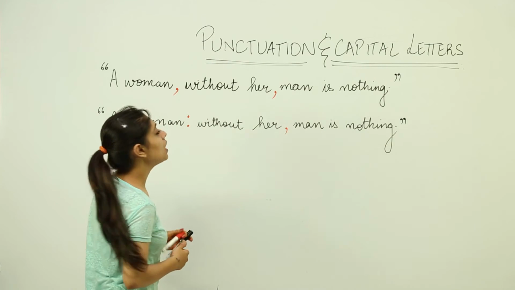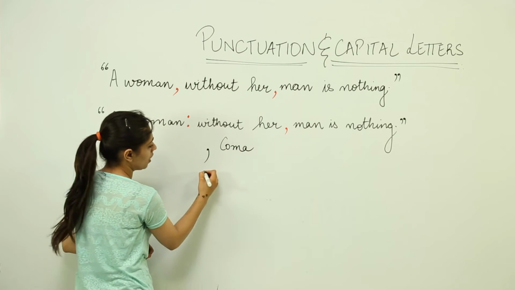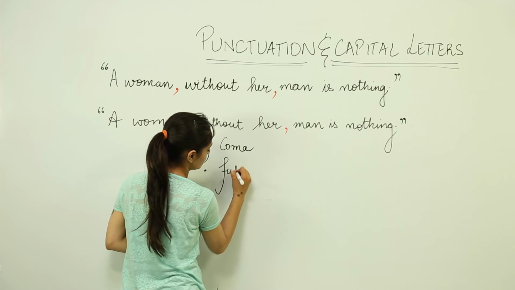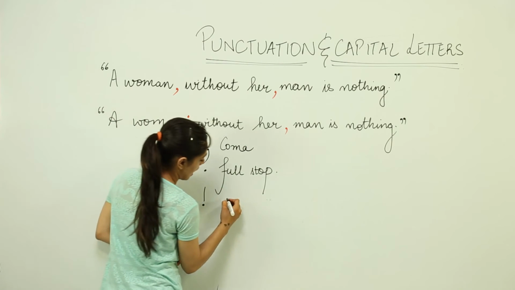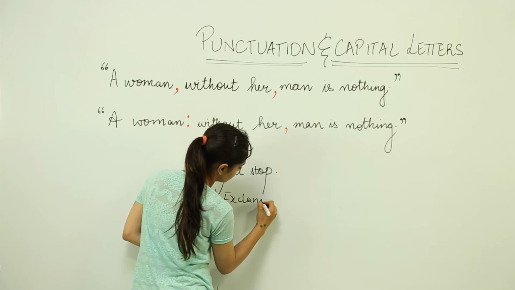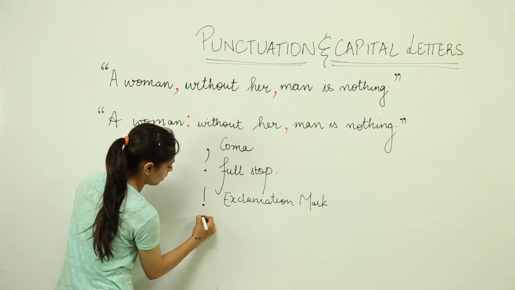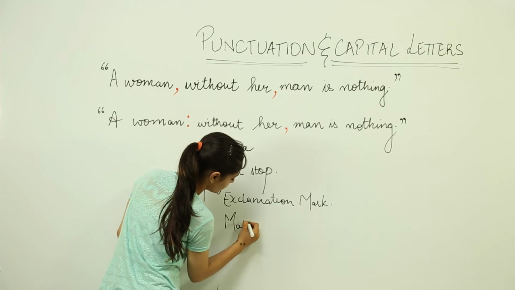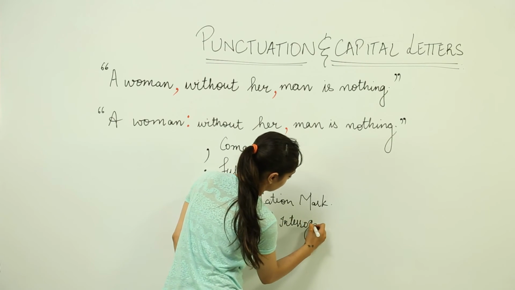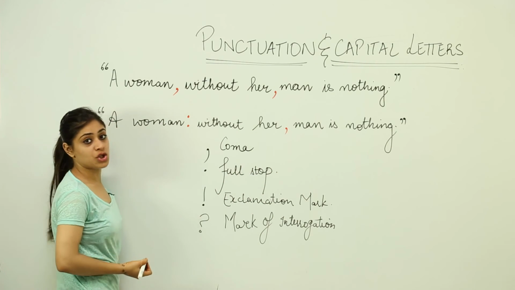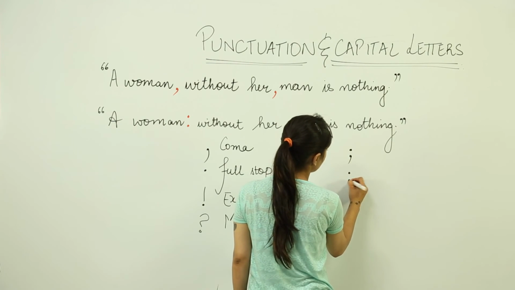Various punctuation marks that we will learn how to use today are a comma, a full stop, an exclamation mark, a mark of interrogation, or we call it a question mark, a colon and a semicolon.